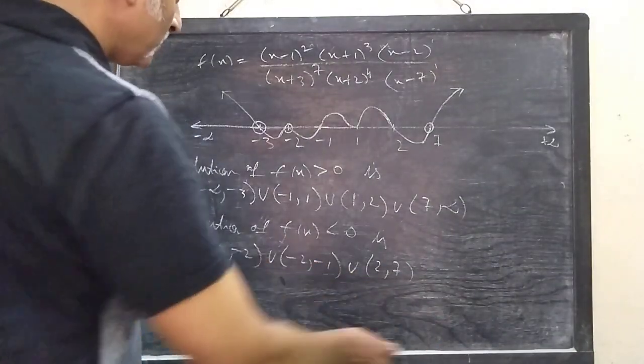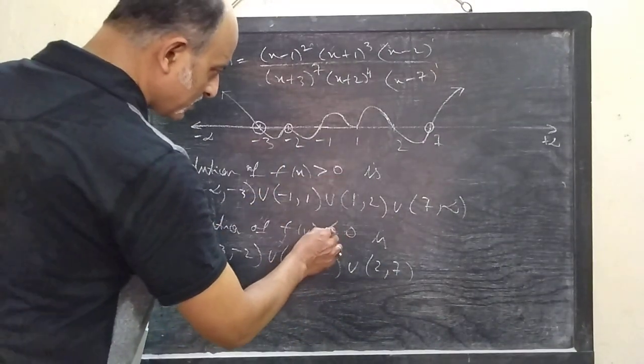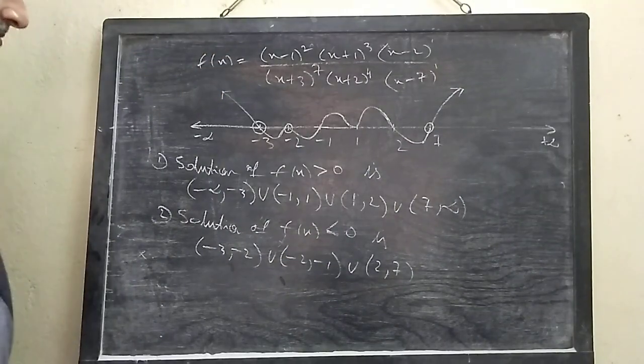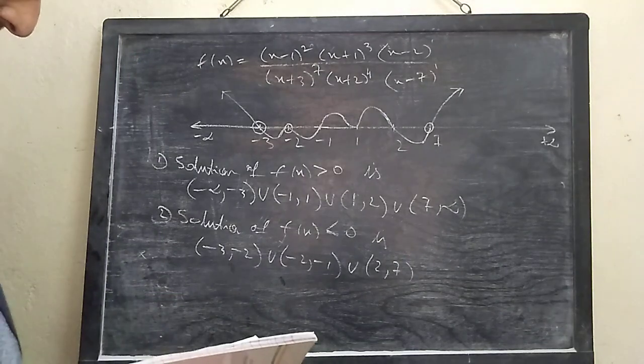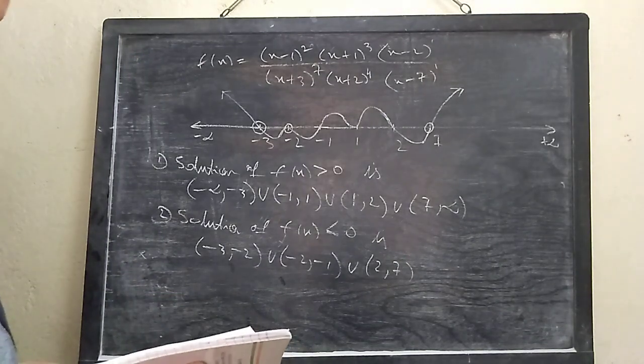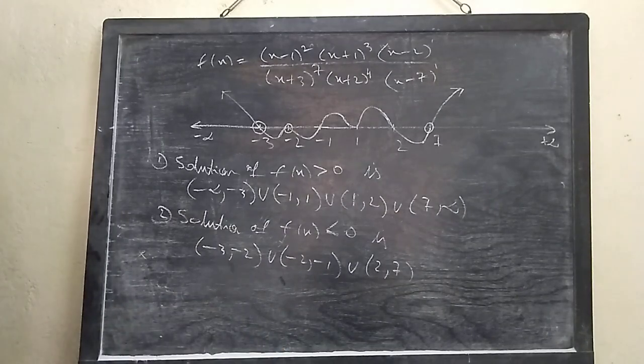These are all open intervals because no point can be within the solution because this is strictly less than 0. So f(x) equals 0 is not permitted here. So the answer is minus 3 to minus 2, minus 2 to minus 1, and then 2 to 7.